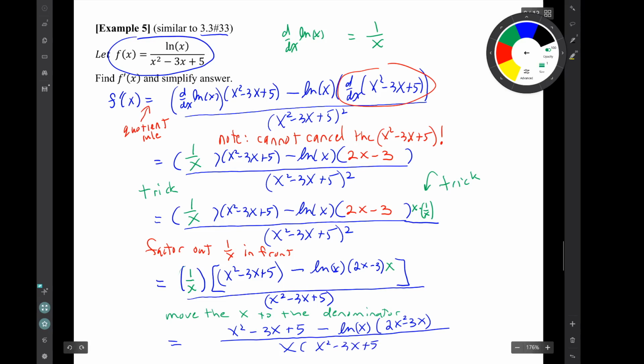So you see that this 1 over x became just an x in the denominator. Instead of multiplying by 1 over x, we're dividing by x. And this little x got distributed, creating this term. And so there's a fraction with a single baseline, a single horizontal line right through the middle.